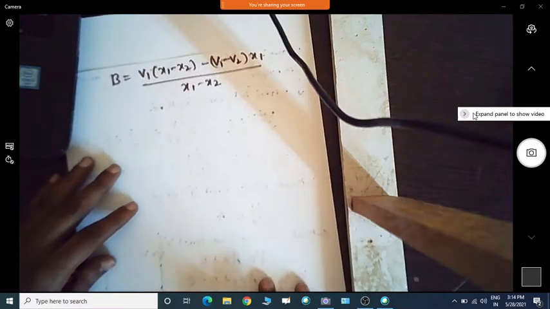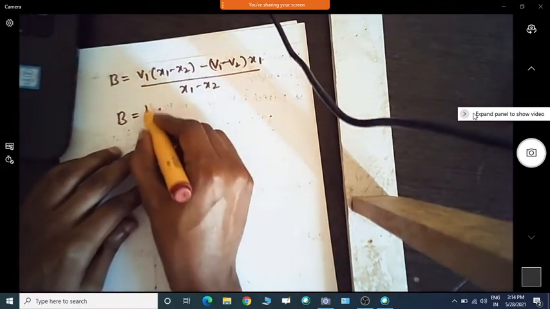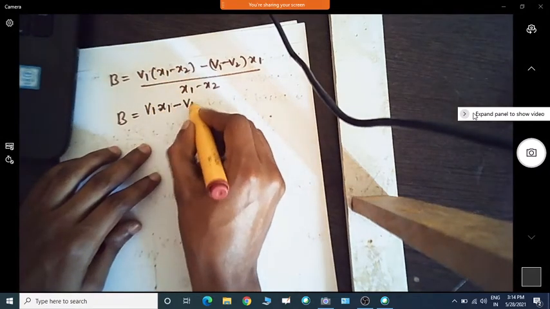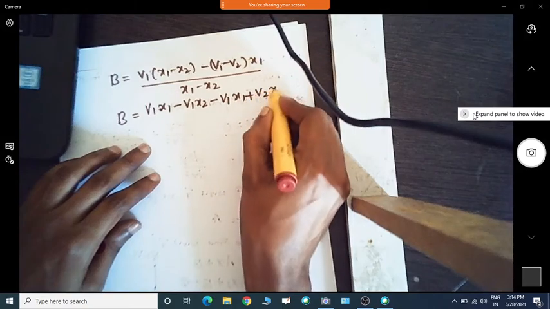Now we can rearrange this term: v1 x1 minus v1 x2 minus v1 x1 plus v2 x1.